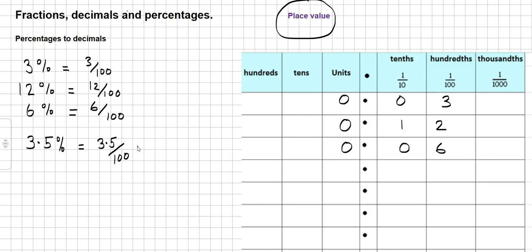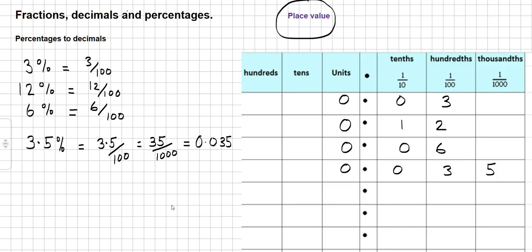So we'd be more likely to write that as 35/1000ths. So I'm just moving everything a place value, and then we can see it written in decimals. It's now going into the thousandth column, so it would be written like this.